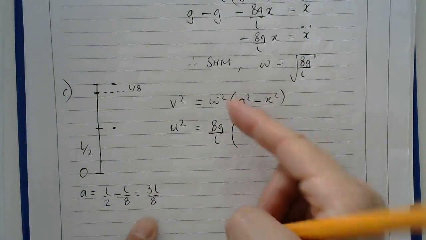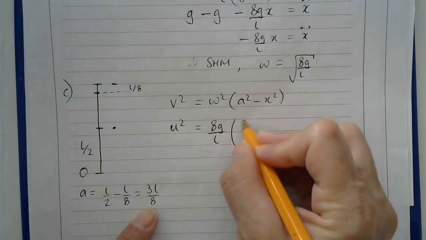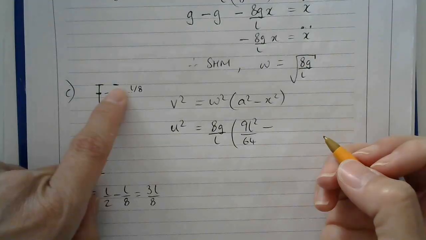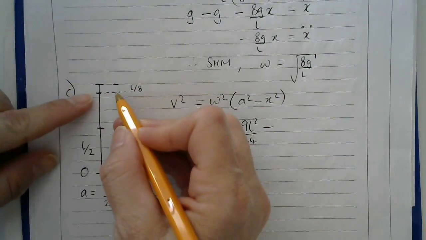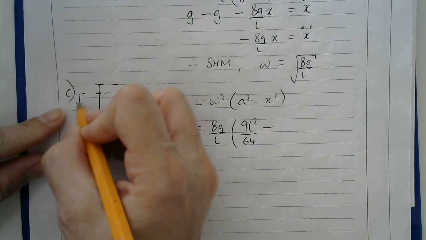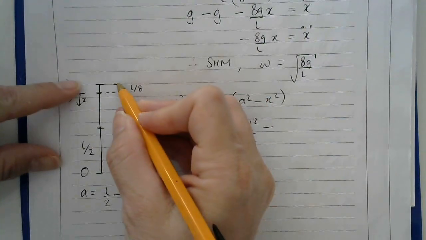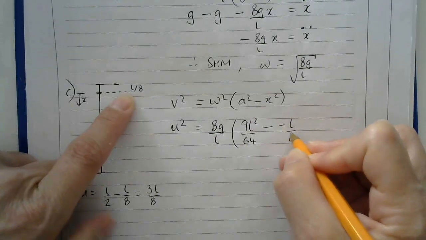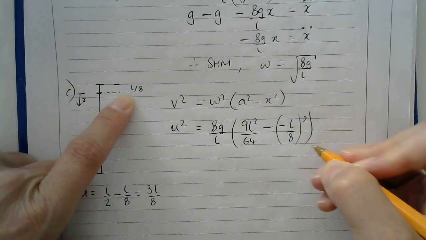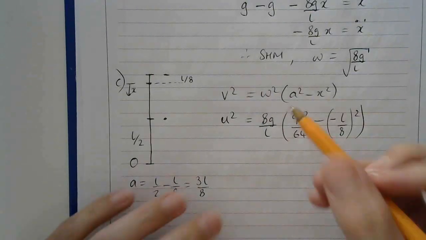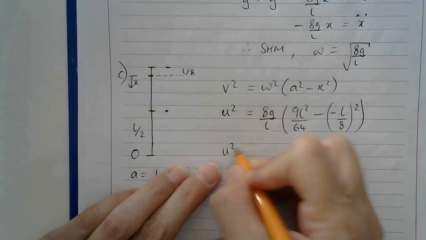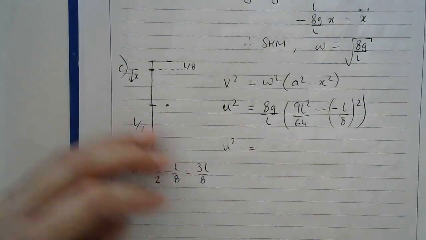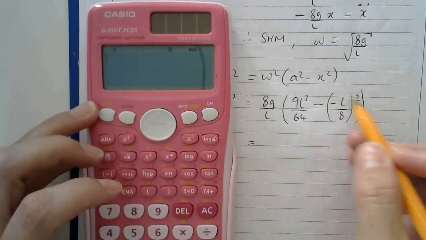So then I need to square that to pop it in here, so I get 9L squared over 64 minus x squared, and here I'm interested in the value of x. Now I said x was measured from here downwards, and so here the value of x is negative L over 8. Okay, so that gives us u squared. Here I'll just stick all of these fractions in my calculator.